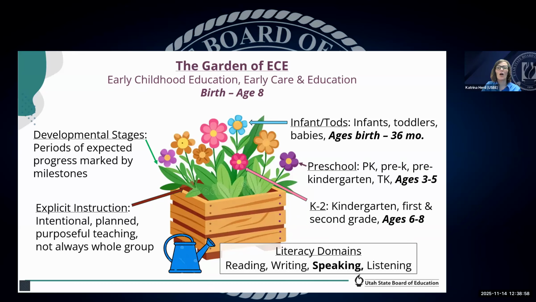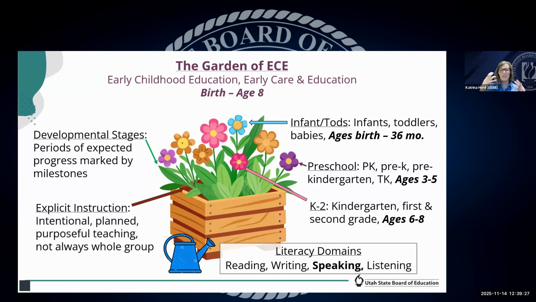Okay, and then we're going to talk about literacy domains. The literacy domains are the skills, the areas that you need to build skills in so that you can be literate. If you are literate, you have skills in these 4 areas: reading, writing, speaking, and listening. And you'll notice I highlighted speaking because that is one that I think we often forget about when we think about literacy.